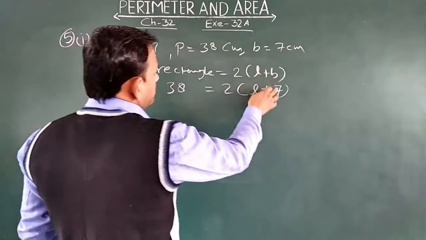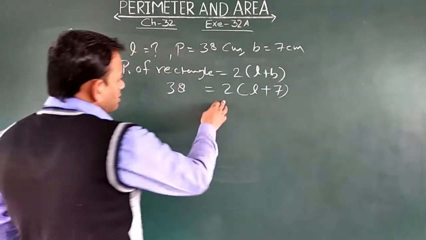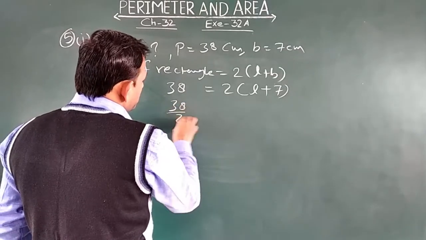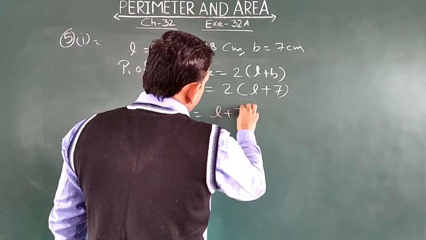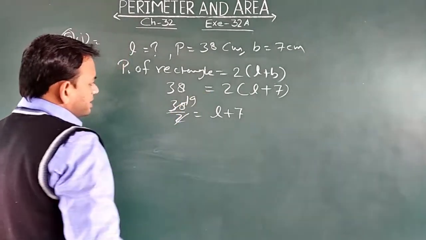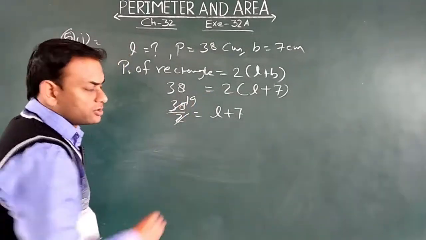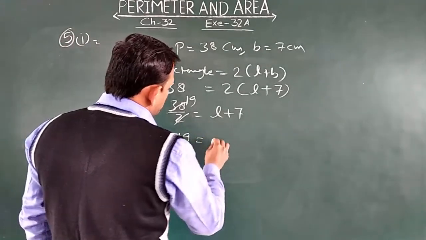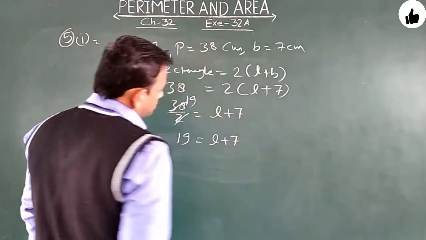So in place of B, we will write 7. Now it will be 38 upon 2 is equal to L plus 7. 2 times 19 is 38. So 19 is equal to L plus 7.